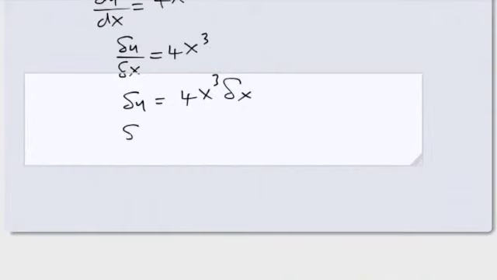We are interested to know delta y on y, so we need to divide the right hand side with y as well.